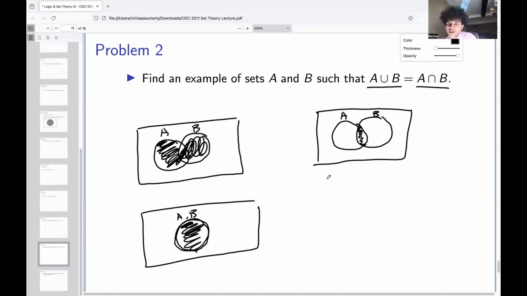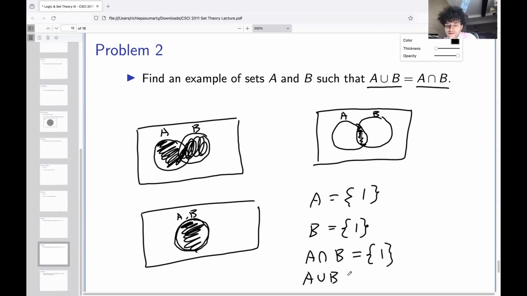So that will help us come up with a very simple example. So let A be the set {1} and let B be the set {1}. Then we can notice that A intersection B is equal to {1} and A union B is also equal to {1}.